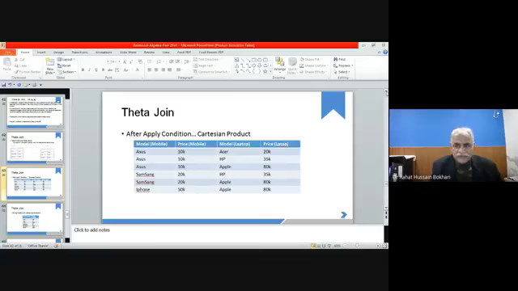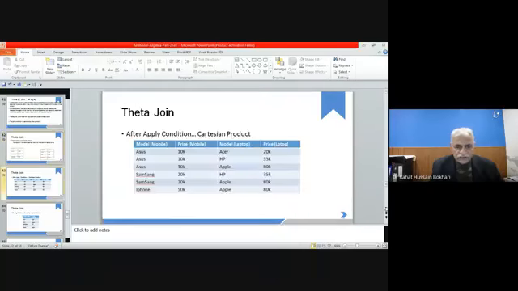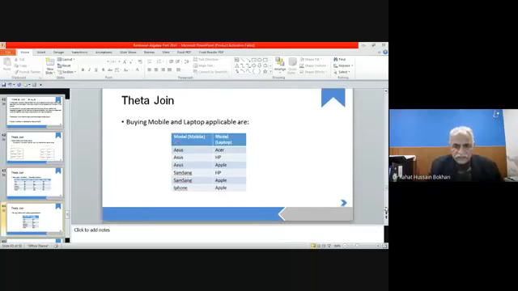So when we say that, by both mobile and laptop side, if you are likely to get this one, we can say this is the Cartesian product of that, and we get it after applying the condition, and at the end we can say that this should be the laptop and mobile that we can purchase.